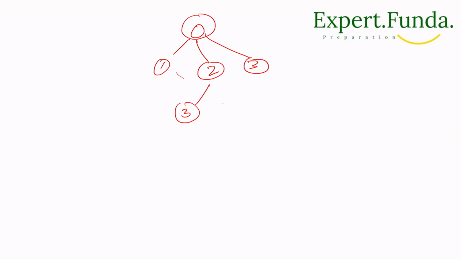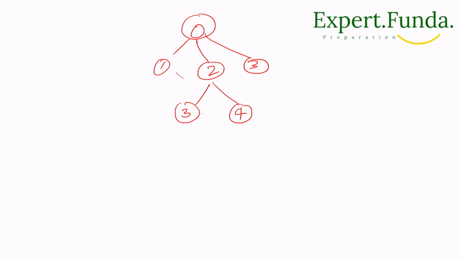We have an example: this is one, we have two, then three. First we have node 0, and all its children are 1, 2 and 3. Next, let's suppose we have 3 and it gives 4. These are the nodes we have.